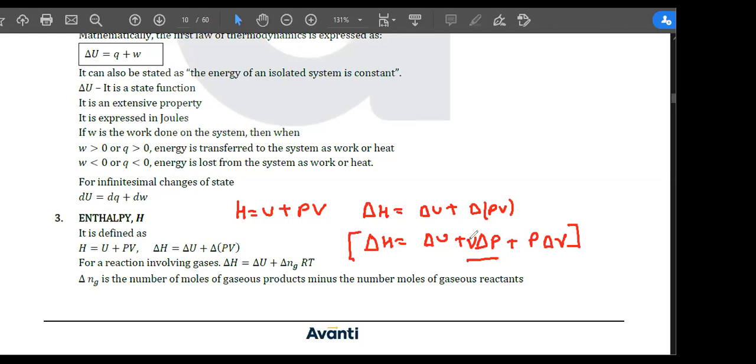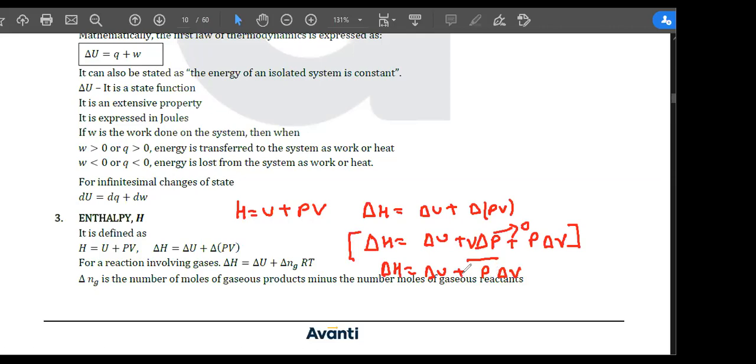But when we talk about an isobaric process, this is 0. So in an isobaric process, delta H is equal to delta U plus P delta V. Got it, everyone? And this P is P internal.